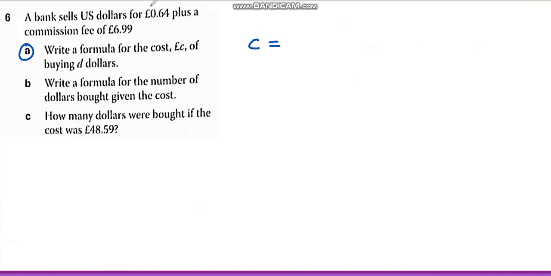So it says there is a 0.64 pounds cost for buying each dollar, plus there is a fixed cost, which is a commission fee. So the rate of each dollar is 0.64 pounds. So we can represent the total cost in terms of the rate per dollar and the commission fee. So rate times dollar plus a commission fee.